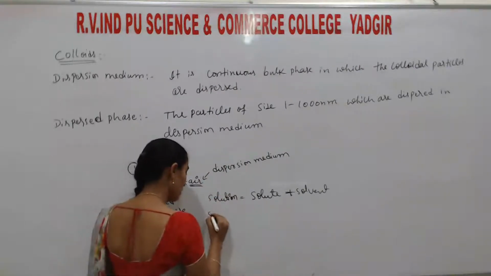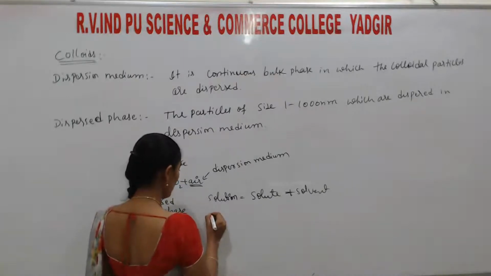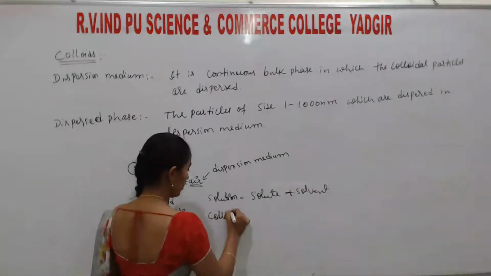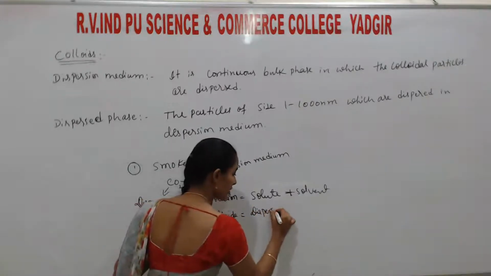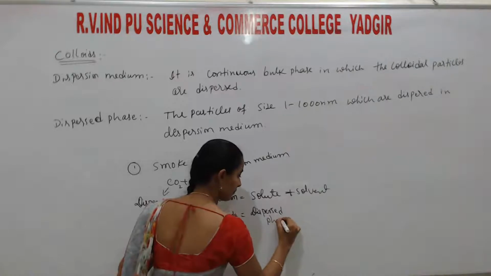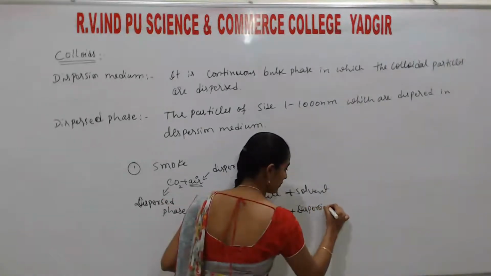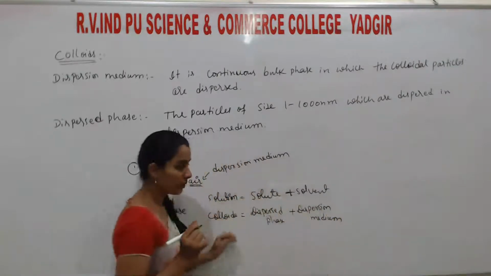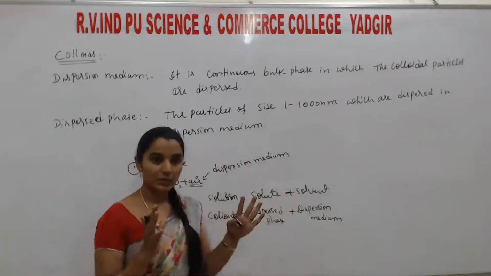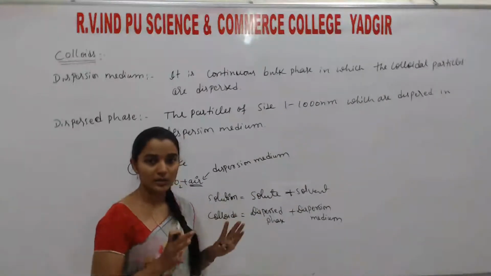In a colloid, we have dispersed phase plus dispersion medium. Dispersion medium is present in bulk; dispersed phase is present in less quantity.